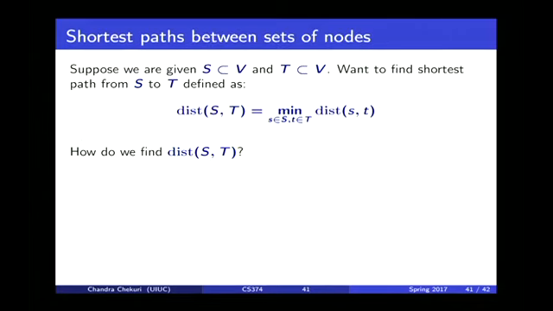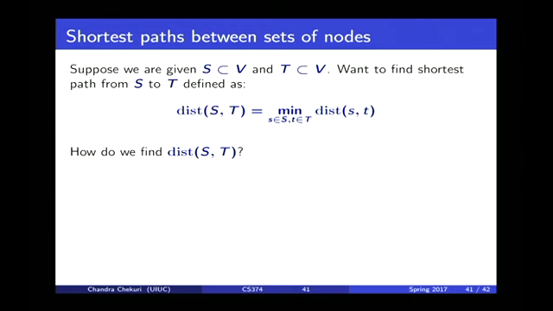Okay, here is another problem. Suppose we are given two sets of nodes, capital S and capital T, which are disjoint. I want to find the shortest path from capital S to capital T. What does that mean? Among all guys in S and all guys in T, find the pair which has the shortest distance. Is this well defined?